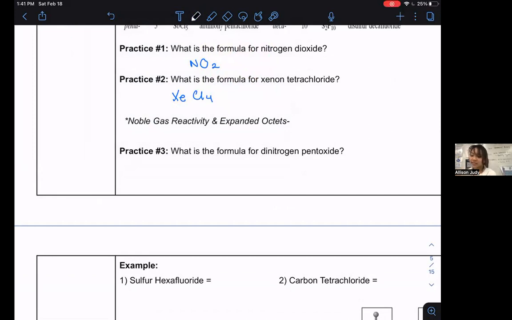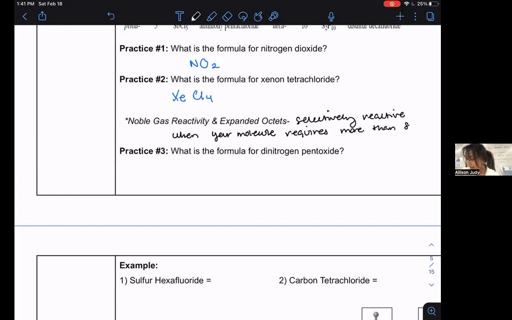What we're going to see is that sometimes noble gases are selectively reactive when your molecule requires more than 8 electrons. But I'm just going to leave it at that and say more on this later, because I'm going to teach you this in a couple days: how to know and why that works, why we seem to be breaking the octet rule. But just so you know, it technically is possible.